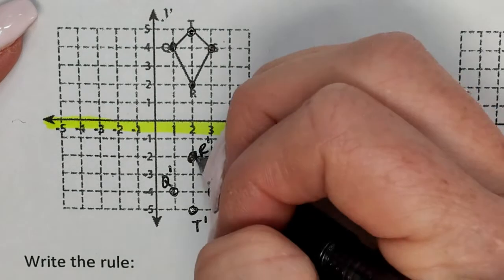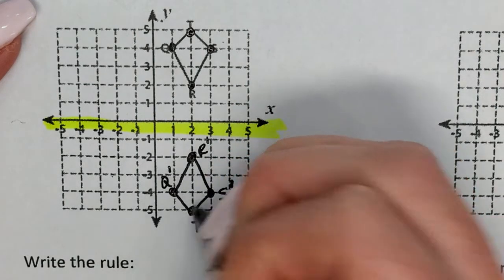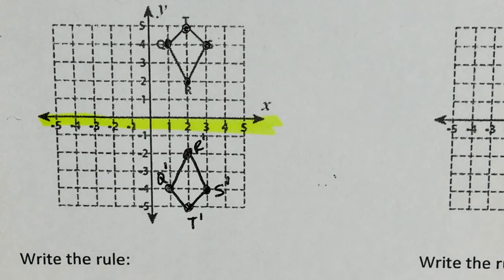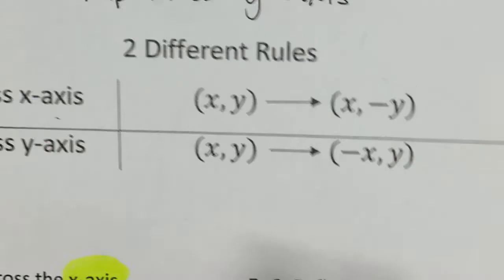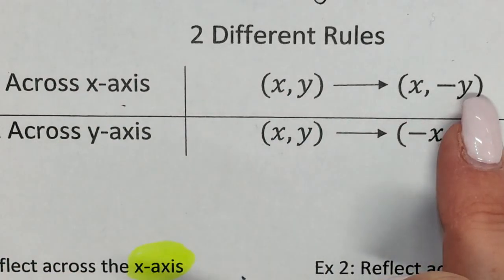And then I just connect my dots, and I just drew a reflection across the x-axis. Now it wants me to write the rule. Now, honestly, you could just go up here, and it's going to be this rule for a reflection across the x-axis, right?